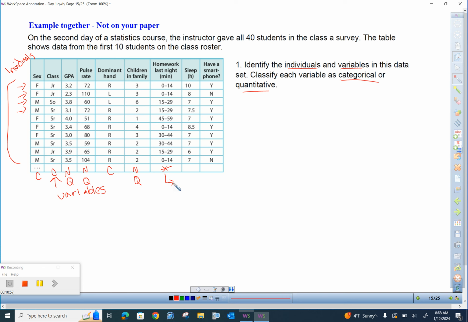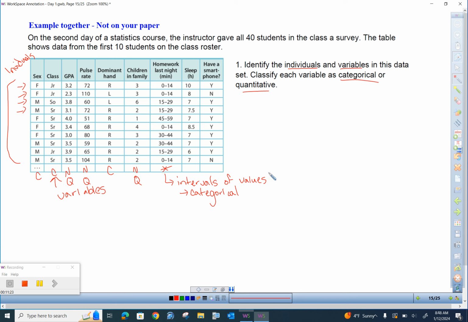When we change homework or something that's numerical into intervals, then it changes to categorical. So make yourself a note on the exception list: intervals of values switches to categorical.